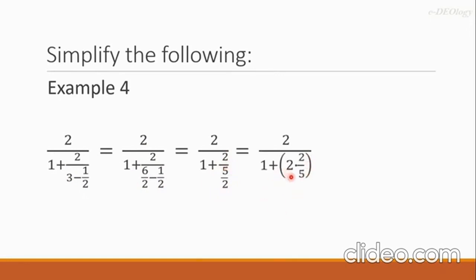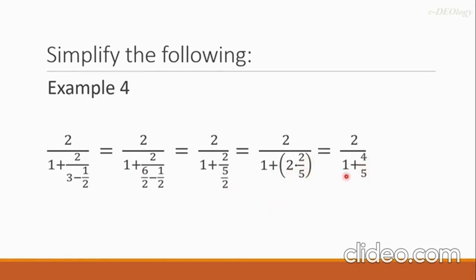The whole number 2 multiplied by, so this is division, the 5 over 2 flips up. The denominator 2 comes up as numerator, so 2 over 5. So we can multiply now the 2 and the 2, it gives us 4 over 5.